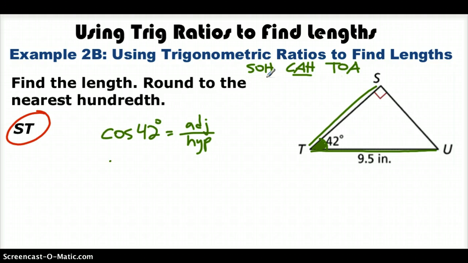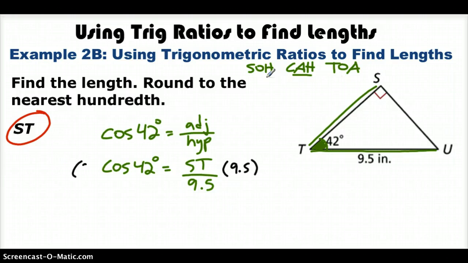I'll rewrite: the cosine of 42 degrees is equal to ST over our hypotenuse, 9.5 inches. To isolate ST, I will multiply both sides by 9.5. 9.5 divided by 9.5 will cross cancel, and ST is equal to 9.5 times the cosine of 42.